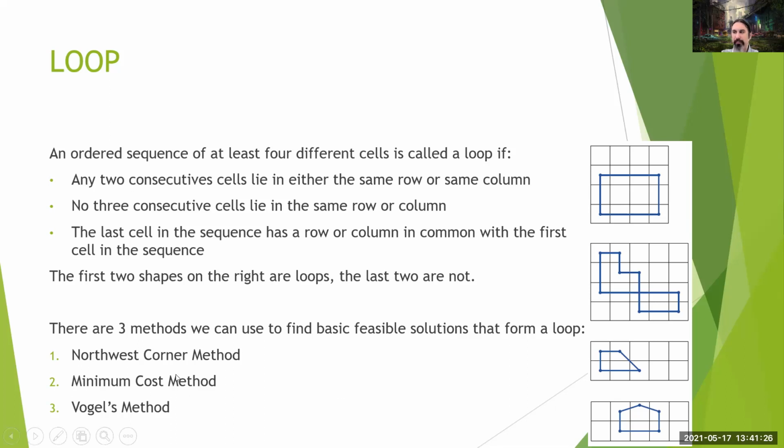Minimum cost usually gives a good starting point, and you usually make much fewer iterations to find the optimal solution. And Vogel's method can actually give you the optimal solution sometimes. You may not even make any more iterations after you use Vogel's method. Still, all of them can be used, and you can come up with new methods of finding the basic feasible solution, but it's up to you. These three are the most common ones.